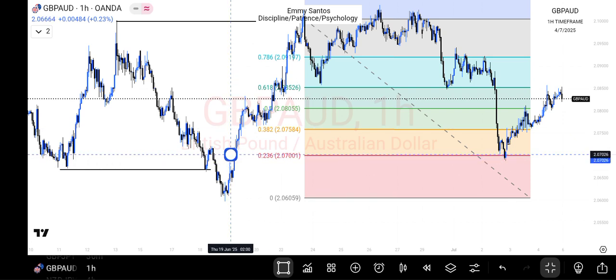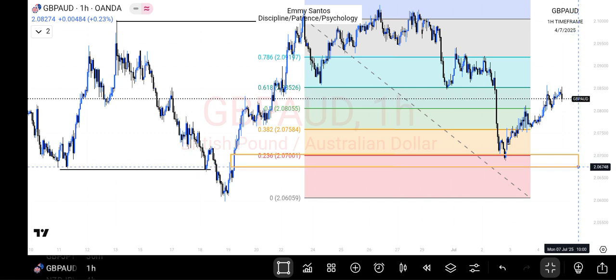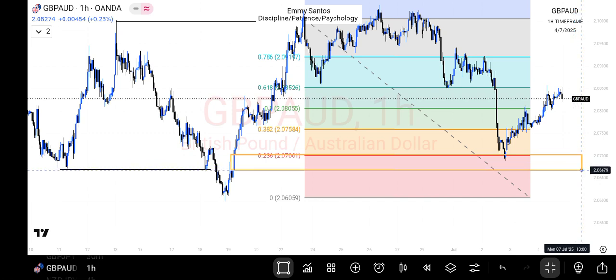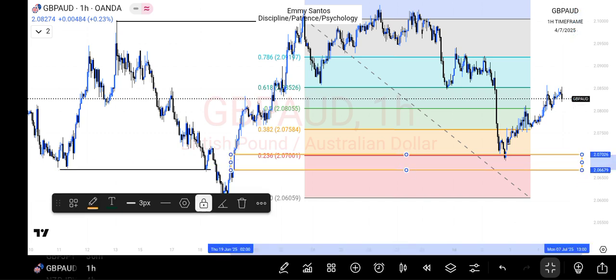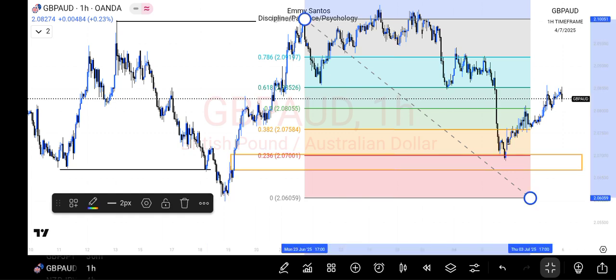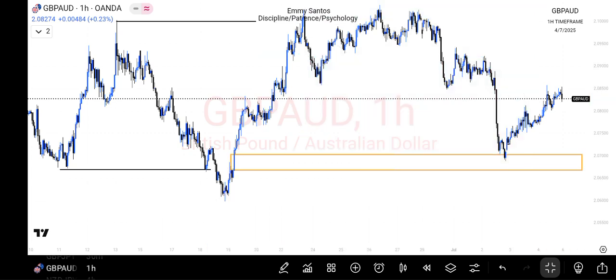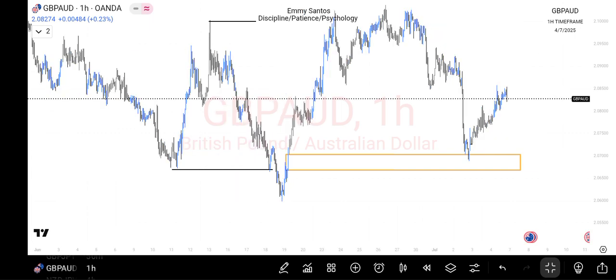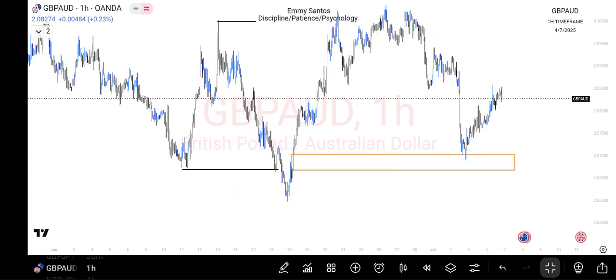Let me just mark the FVG. So I've marked it there. So that was how price just tapped it, then kept on moving.